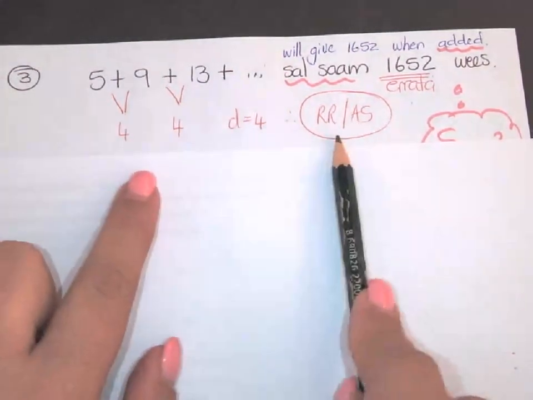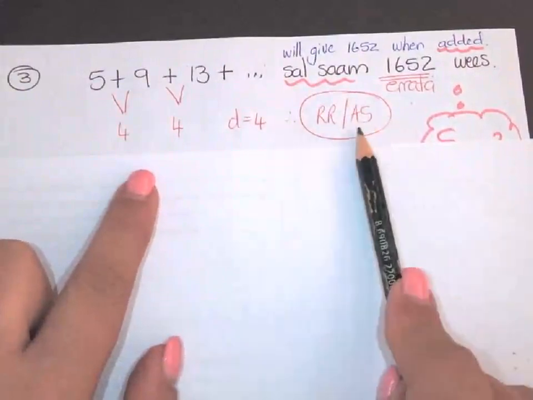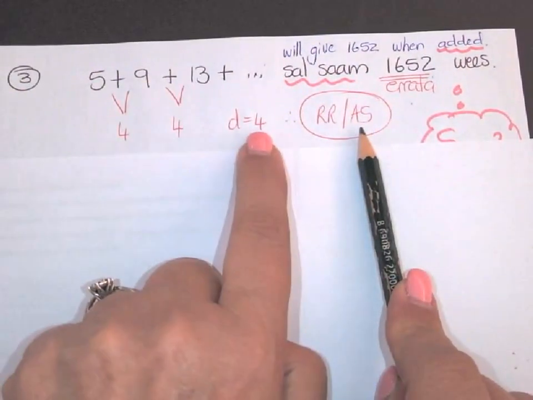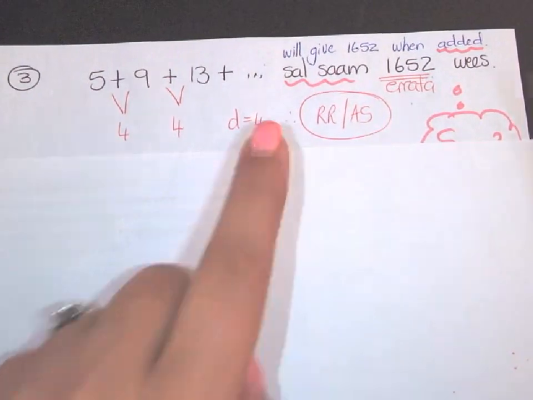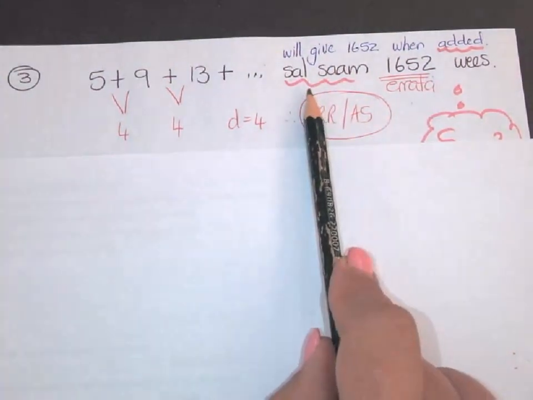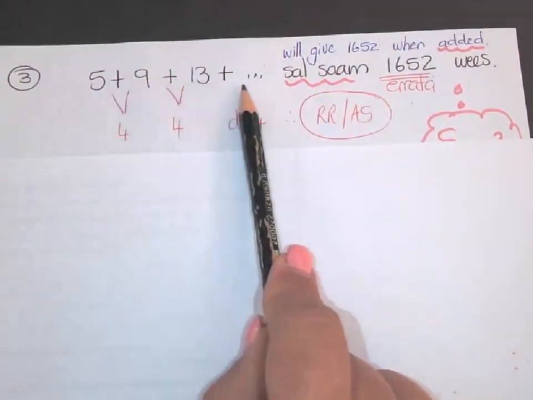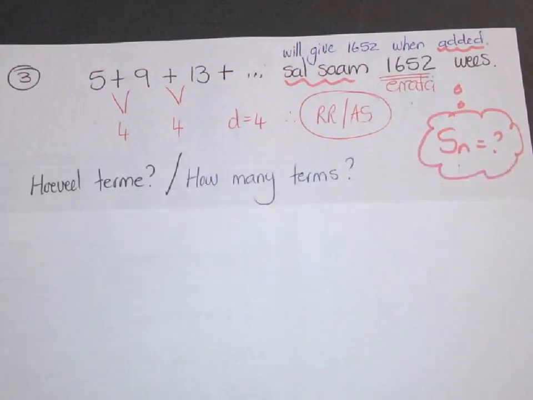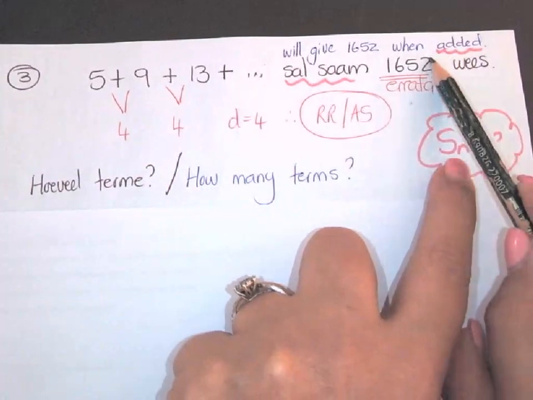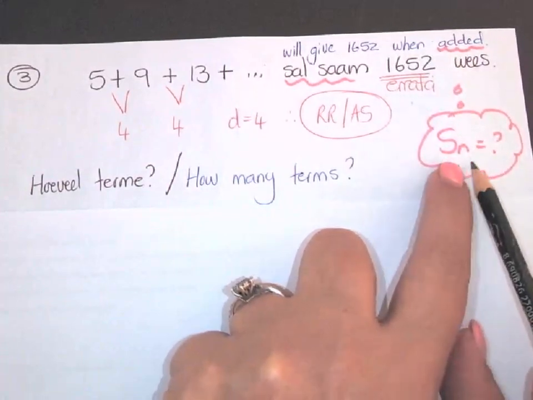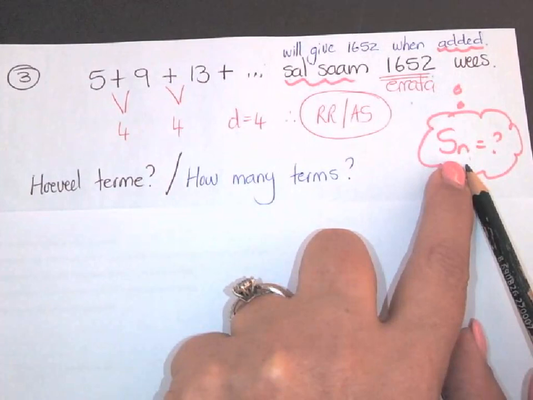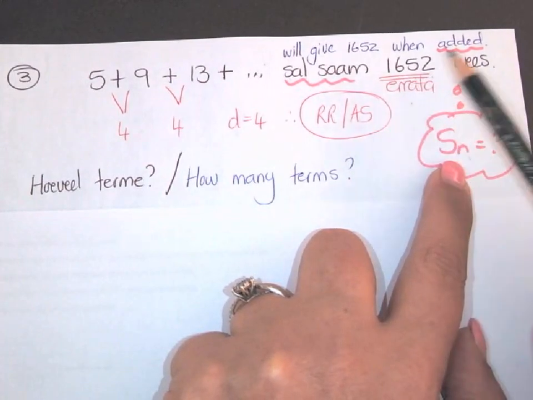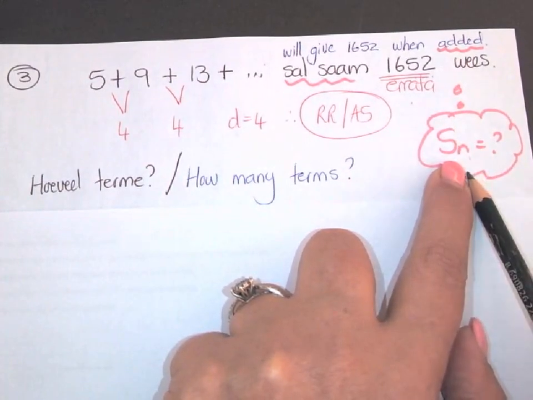Now, first identify your series. It's an arithmetic series because I have a constant difference of 4. The question is, if I add them, how many terms are there? So, if I add them, I'm actually talking about Sn, and I have a value for the sum, and I need to calculate n.